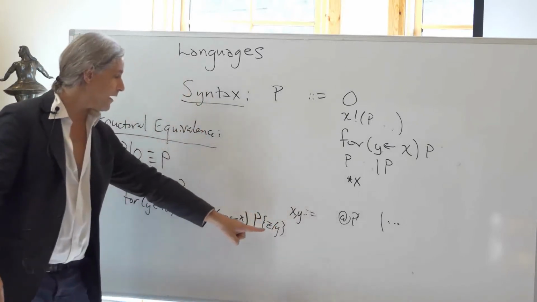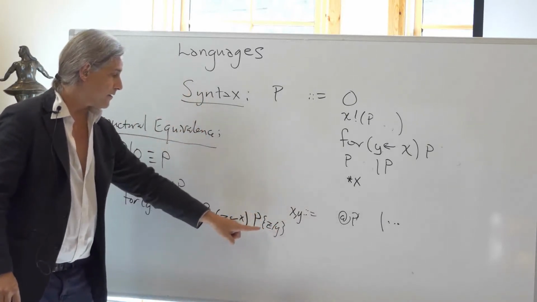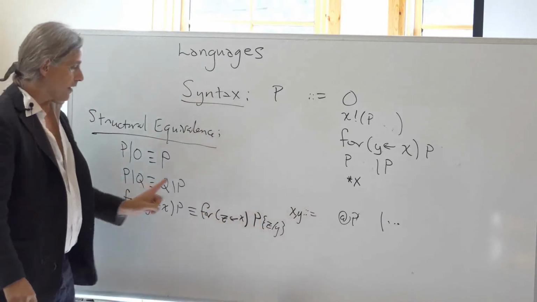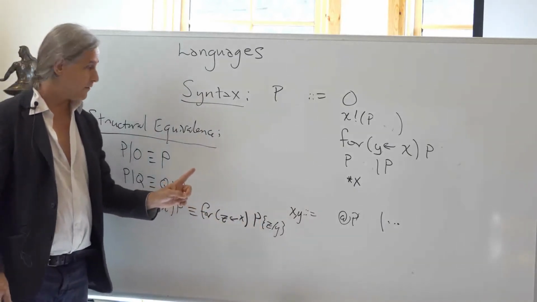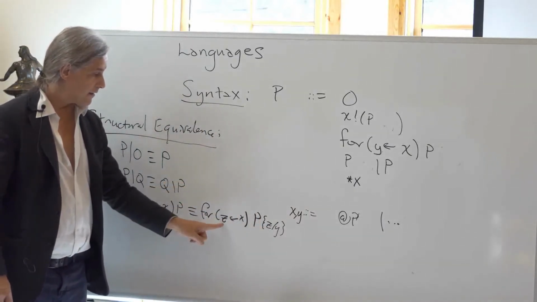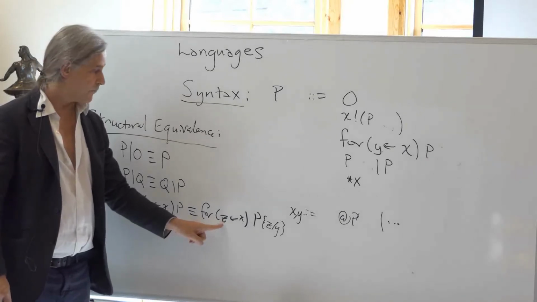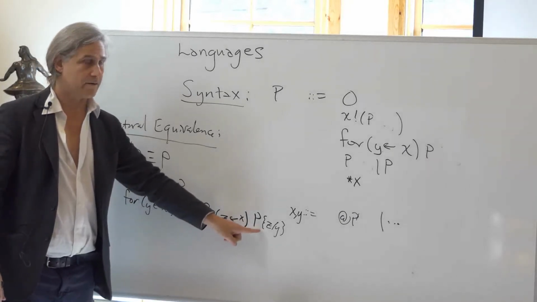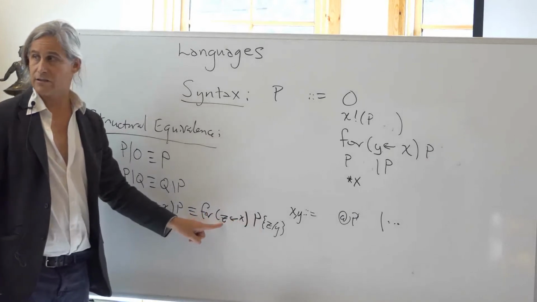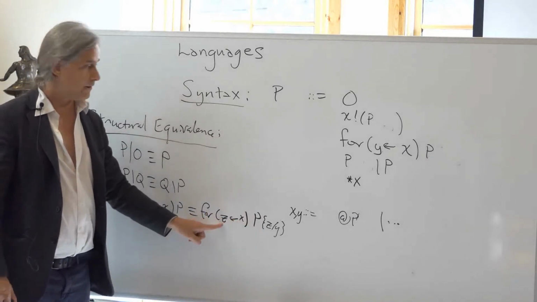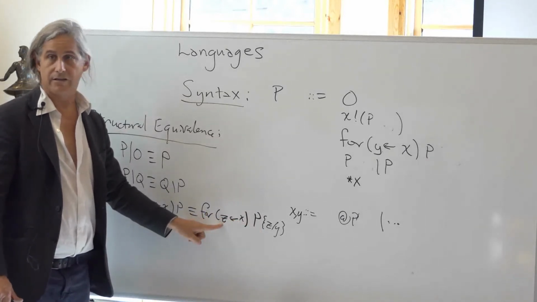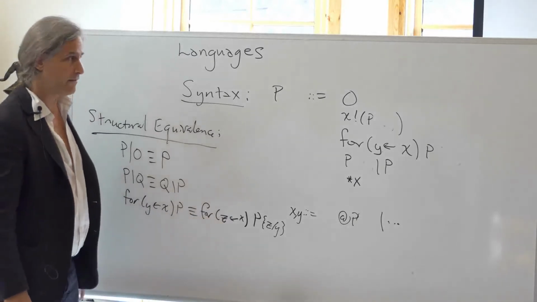So everywhere I have a y, substitute z for it. The caveat, and this is why I need free and bound, is that z can't have occurred bound in p. So I want to pick z to be fresh. It needs to be fresh with respect to p to be completely safe.